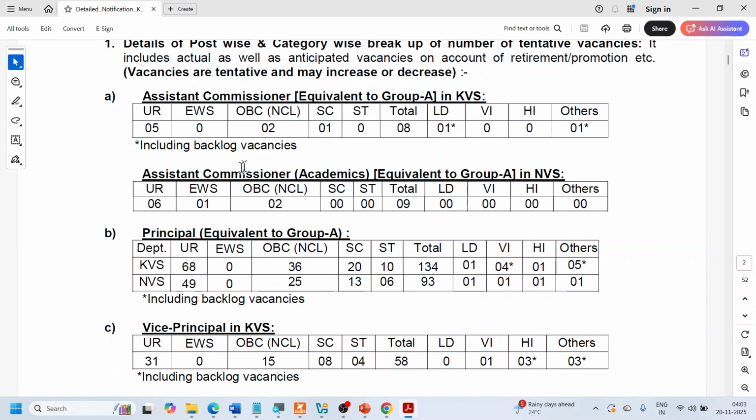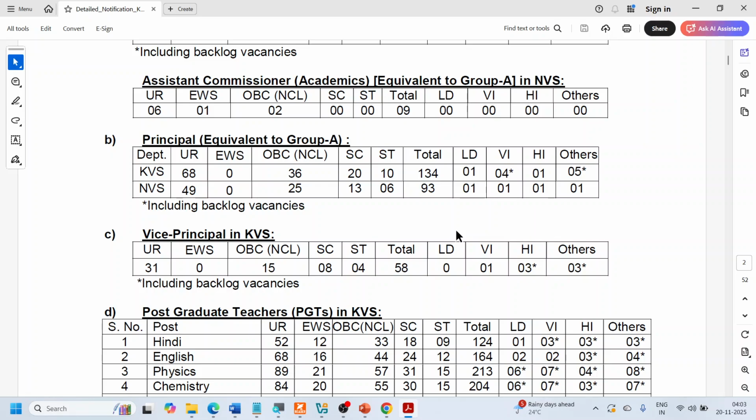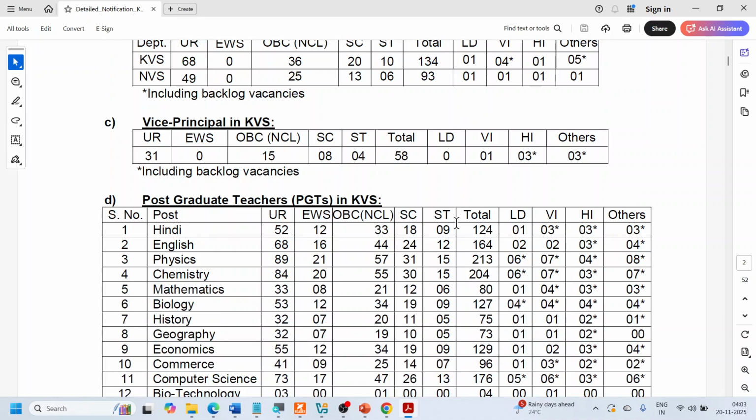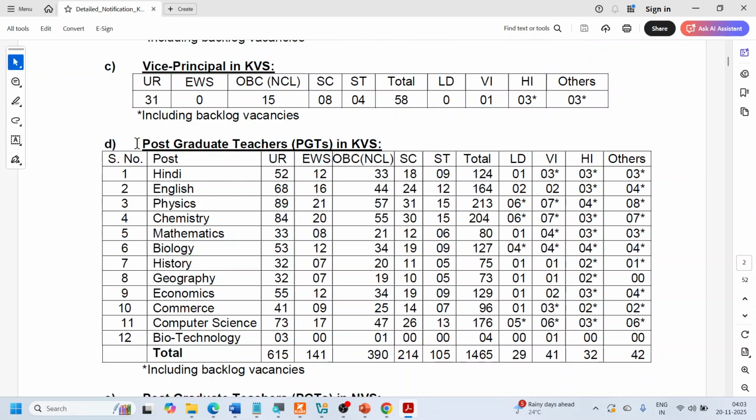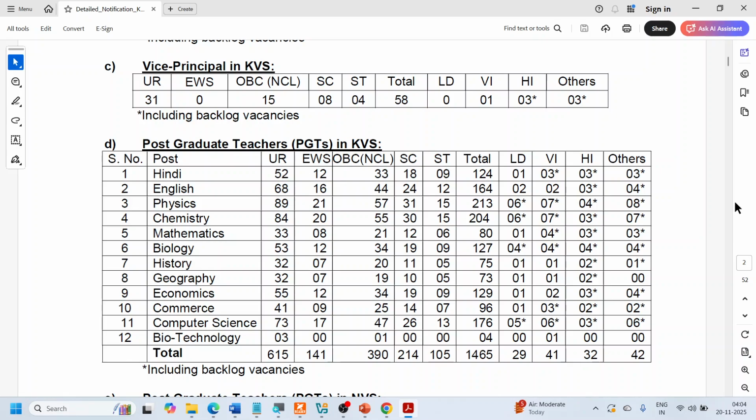Now coming back to this, I won't talk much about them, because as a new student or a person who has just graduated without plenty of experience, what is pleasing to you is this post, that is the post graduate teacher, PGT, in KVS. Because I am biased towards computer science, I will talk only about students who pursued computer science, either through BSc PMCS or BCA.